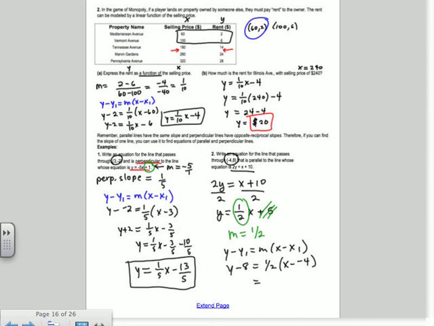And then write it in slope-intercept form in the end. So it's 1/2 x. This will end up being plus 4 here. So plus 4 times 1/2 is plus 2. Add the 8 over, so you get y equals 1/2 x plus 10 for your answer. And that's it.